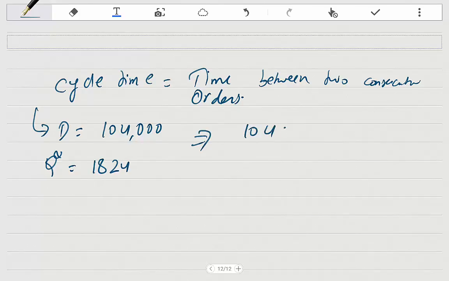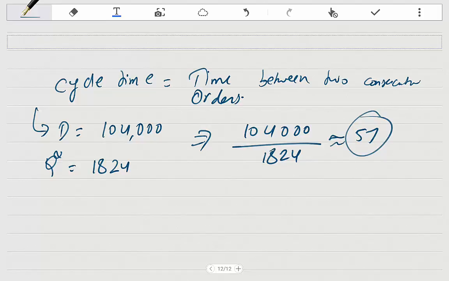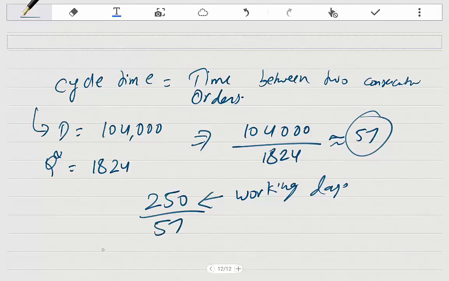We have 104,000 cases of demand, 1824 every time, so it comes out to be about 57. So we place 57 orders. Given that we have 250 working days, on average we place an order every 4.39 days.